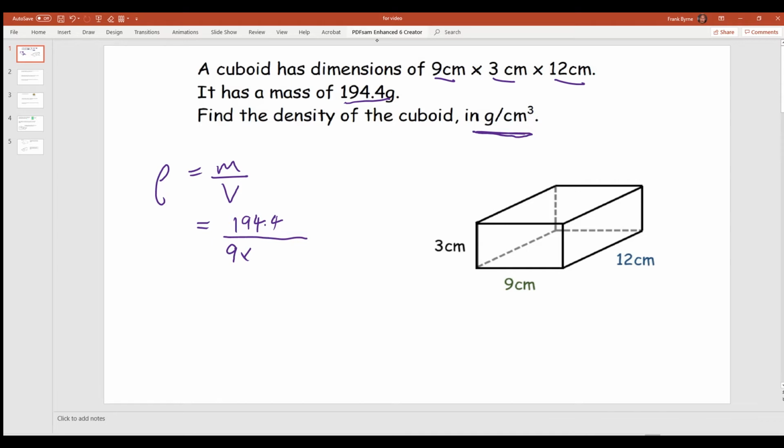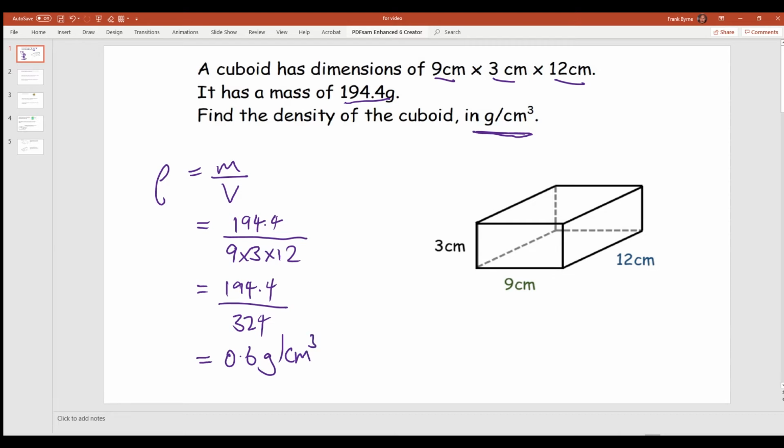So that's 9 times 3 times 12, which is 324. So 194.4 divided by 324, which is 0.6. 0.6 grams per centimeter cubed.